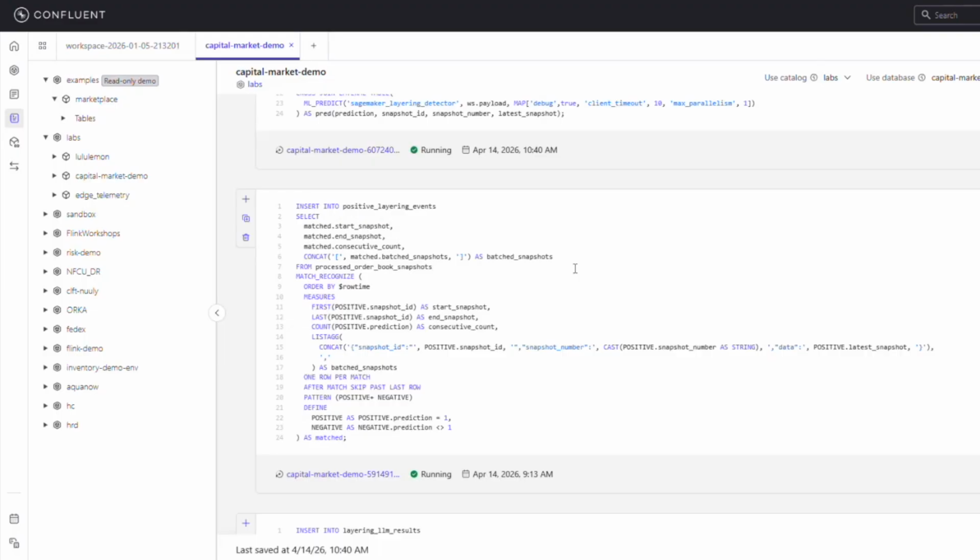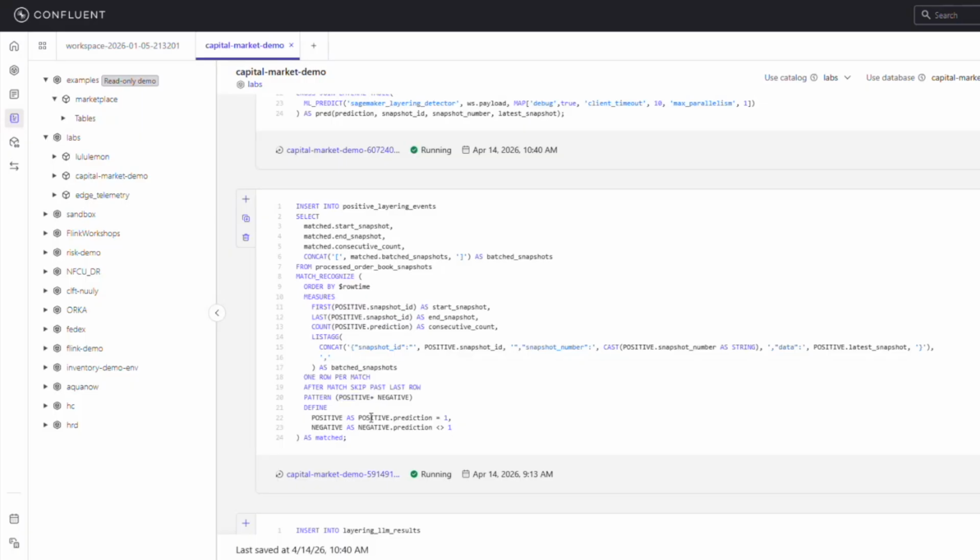To trigger Stage 2 layering reasoning analysis, we first need to package the flagged snapshots into clusters. To do that, we developed a Flink job using match recognize with positive and negative patterns, where a positive pattern represents a Stage 1 prediction with a value of 1, and a negative pattern represents all other cases.